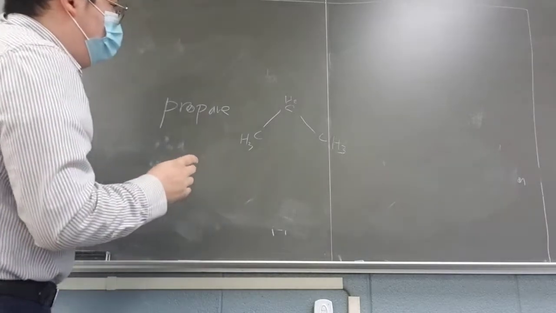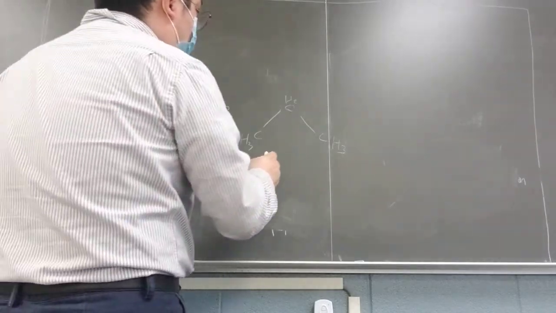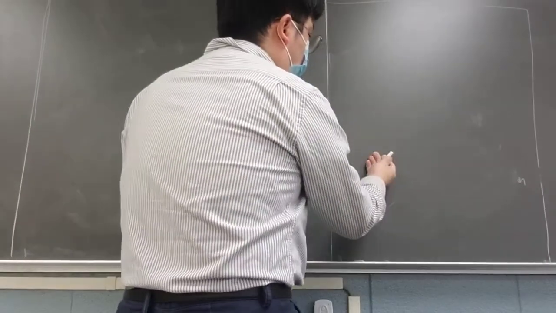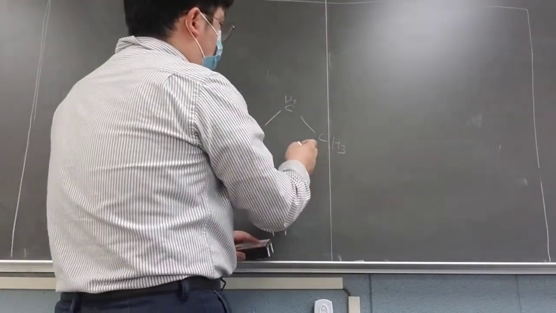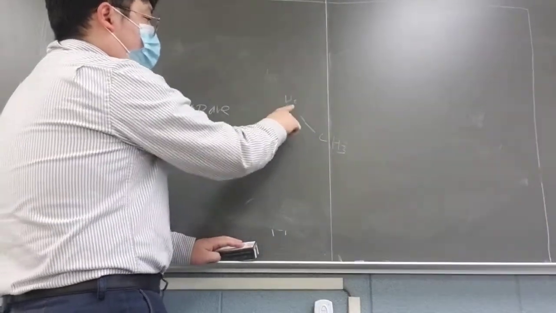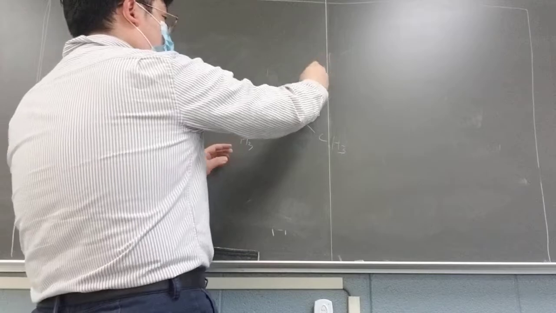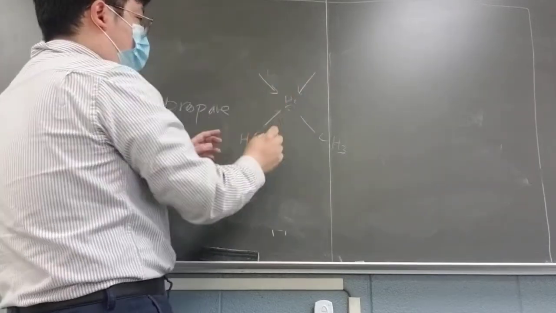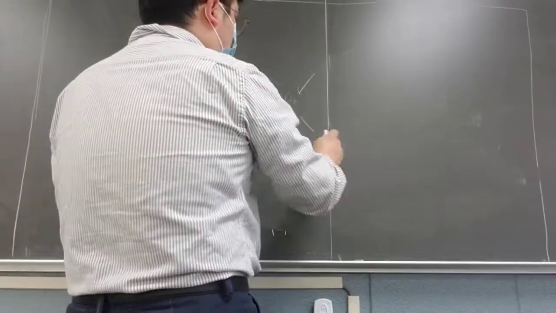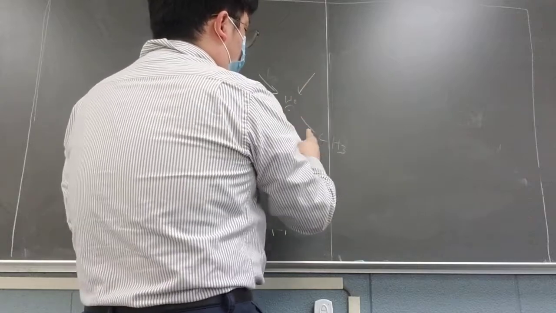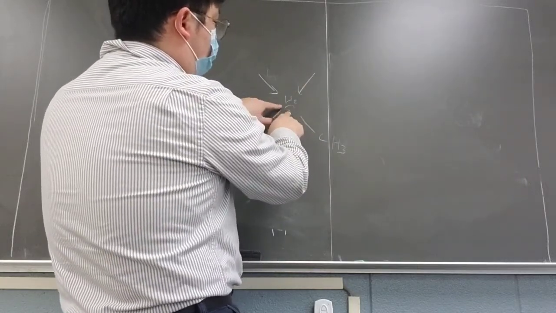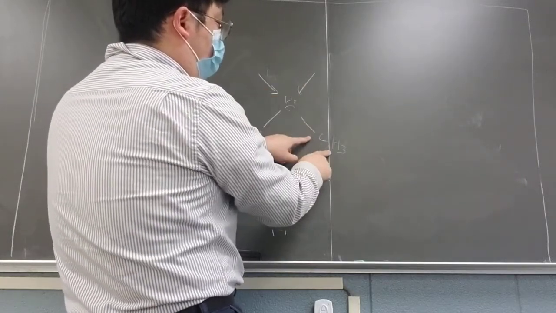In this case, we can look at it in the Newman projection here. We can look at it from either end, it's up to you. If you look from here, this carbon will have 2 hydrogens and 1 methyl group.